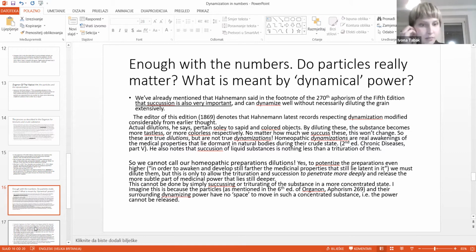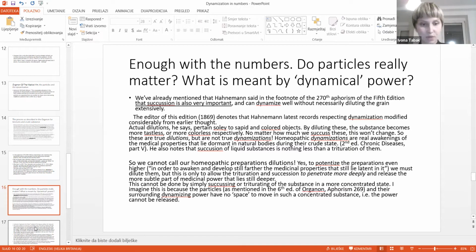So when I imagine it, as he mentions in the 6th edition, aphorism 269, you triturate to break up the particles with the medium substance. Then when you dilute and succuss, you have fewer particles to work with. They're further apart and you succuss them and you release that dynamical power.